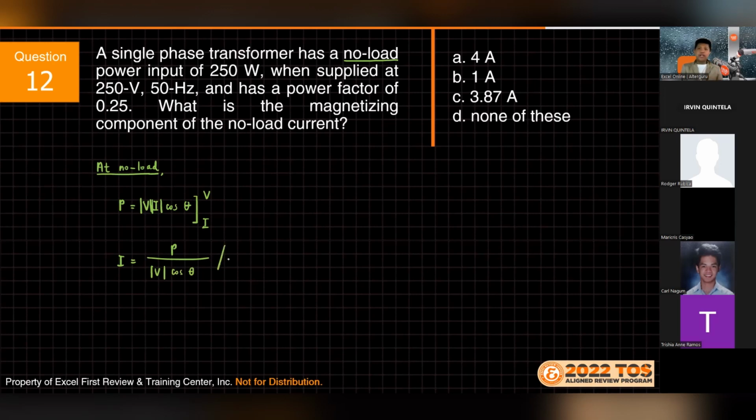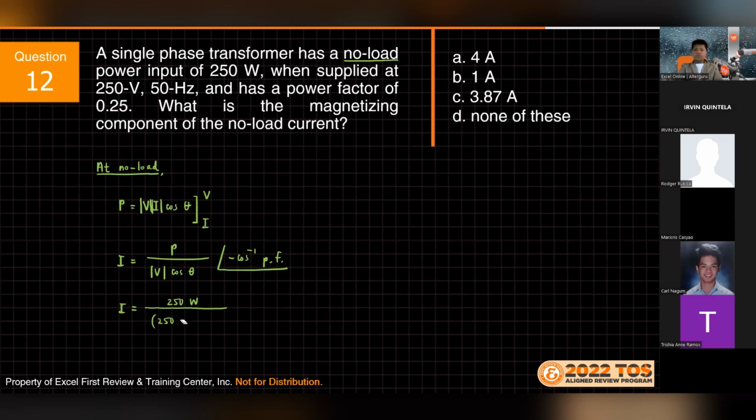But don't forget to put there negative arc cosine of the power factor, no? Ayan. Kung i-reference nyo yung P. So with that said, I will be equal to what? What's P? 250 watts, no? 250 watts all over the voltage is 250 volts.